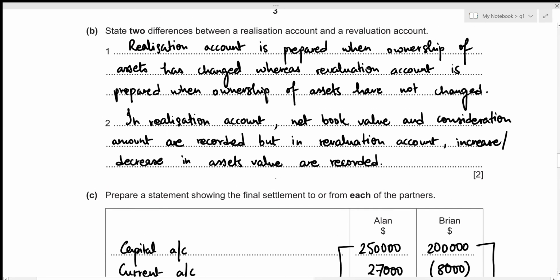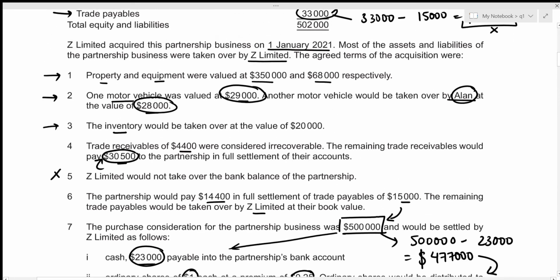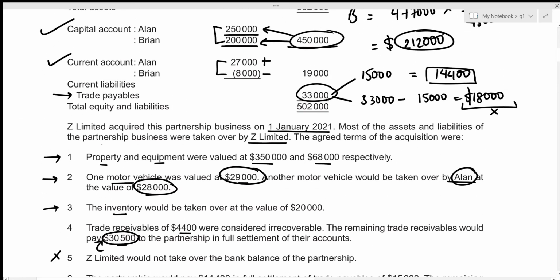Let's have a look above. So for the very first information, we were told that property and equipment were valued at 350,000 and 68,000. So this is the amount at takeover, right? So we need to record these two amounts, and since property and equipment are assets, we will be writing these as positive. So that's 350,000 and 68,000.